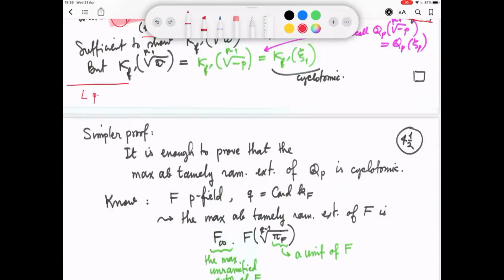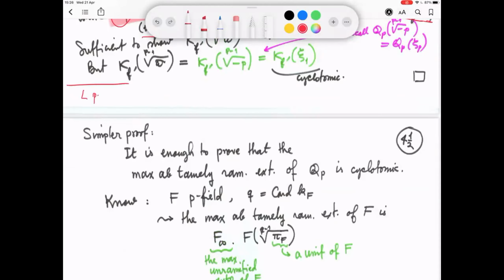This we must have recalled and used several times. This K prime is obtained by adjoining a p minus 1th root of u to Kf. So it's an unramified extension of Kf and hence of Qp, because Kf is unramified over Qp.